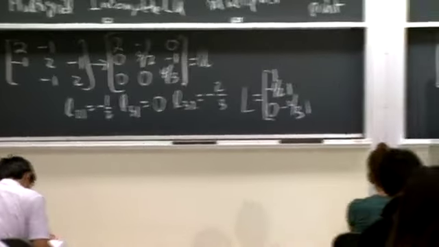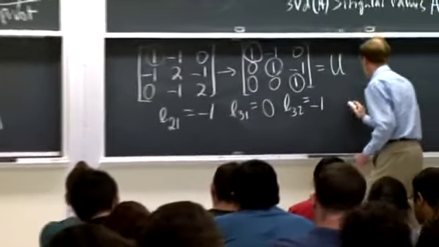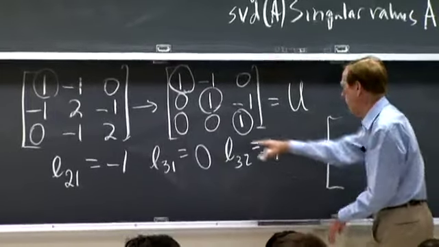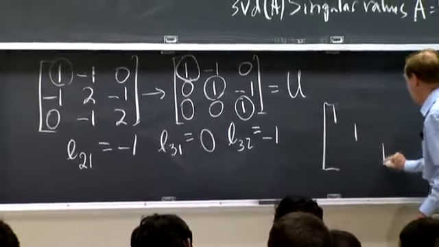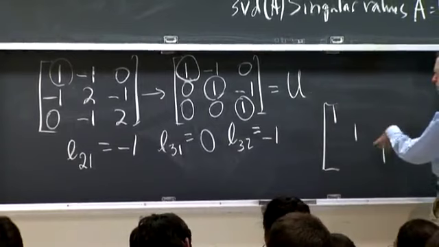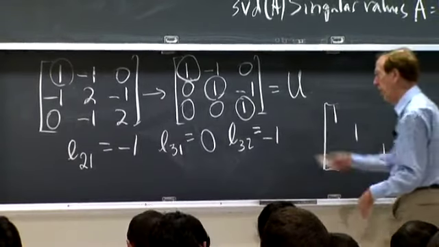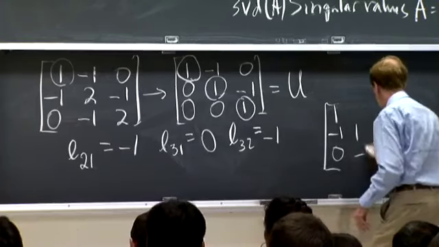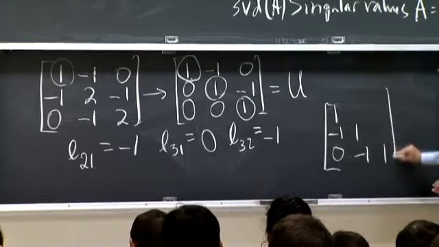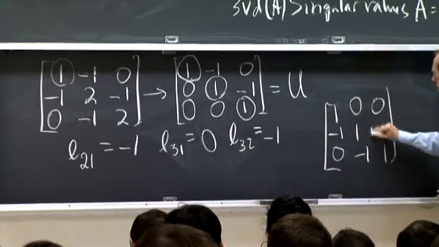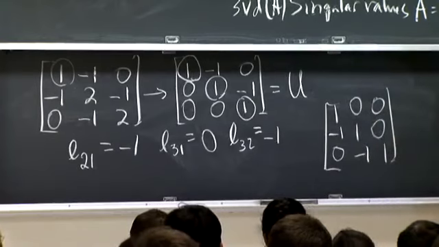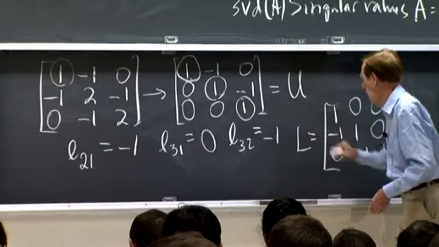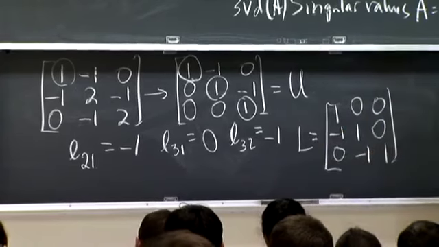Over here, let me construct the L, ones on the diagonal, representing the pivot rows that stayed put, and -1, 0, and -1 as the multipliers. So this was L, the multipliers that we used. Okay.